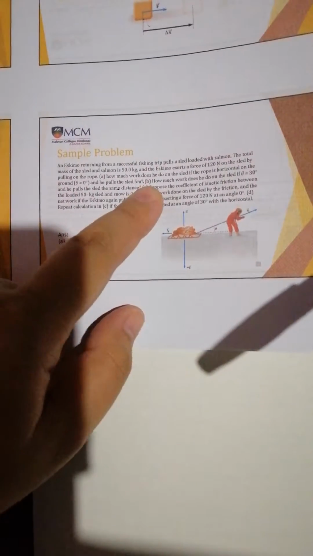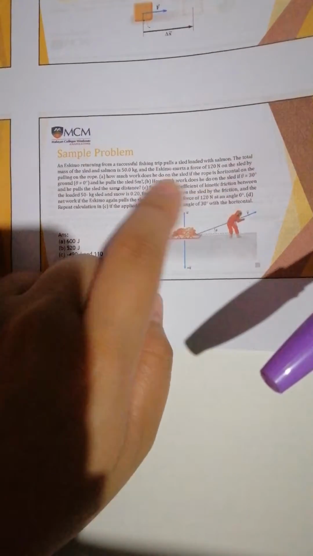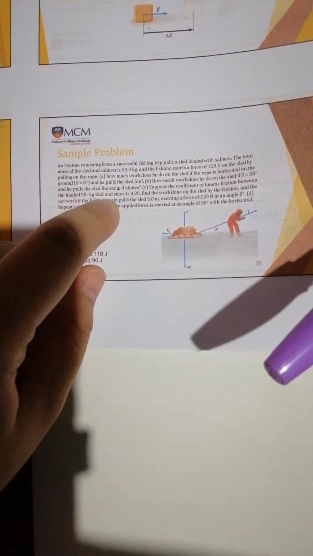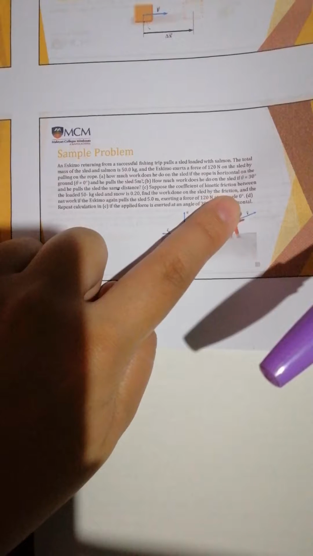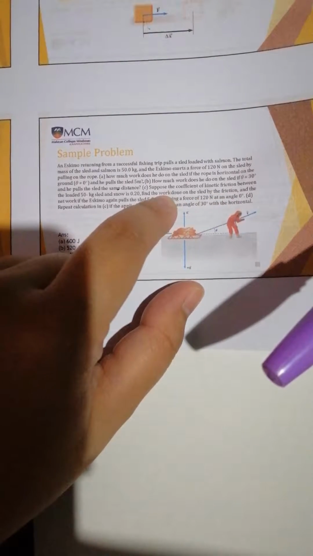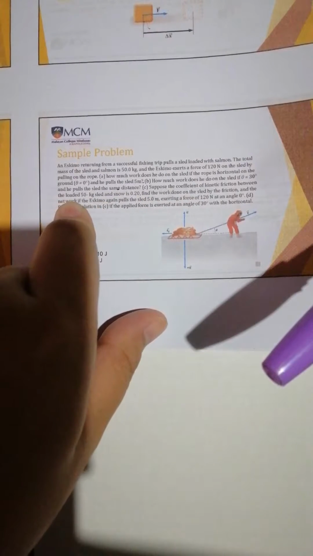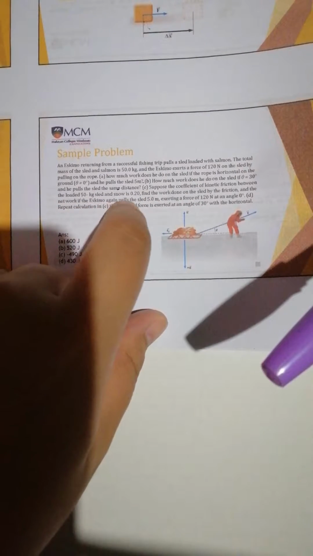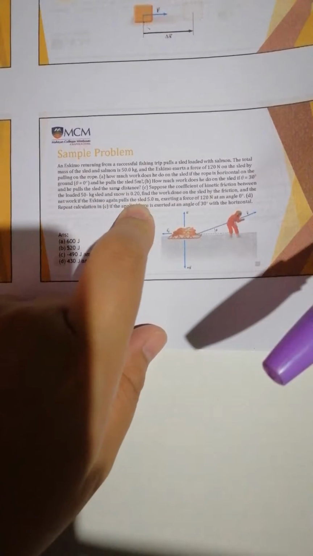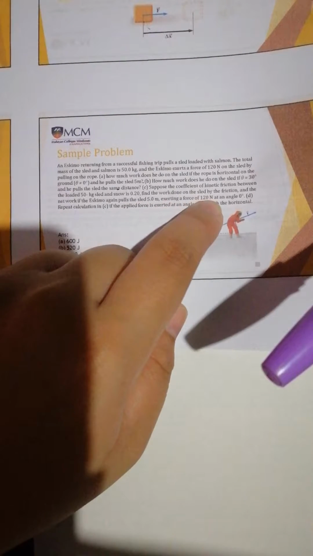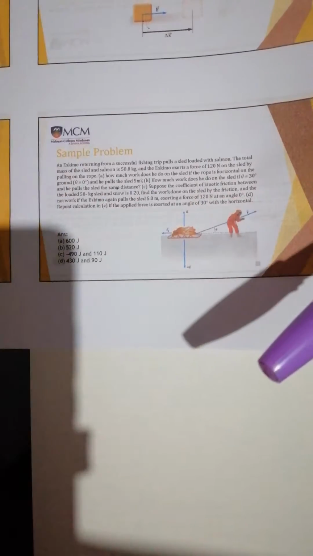Letter C is, suppose the coefficient of kinetic friction between the loaded 50 kilogram sled and snow is 0.2. Find the work done on the sled by the friction. This work done is only by the friction, and the net work if the Eskimo again pulls the sled 5 meters, exerting a force of 120 newtons at an angle of 0 degrees.